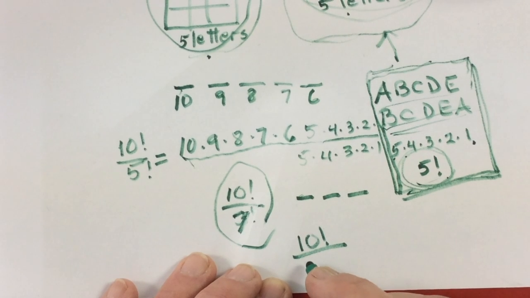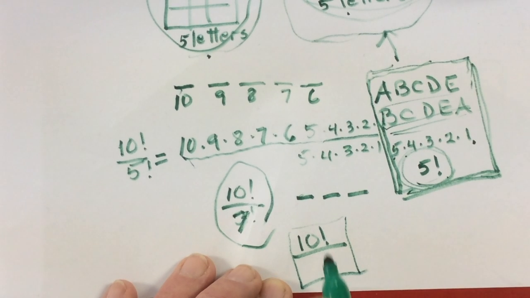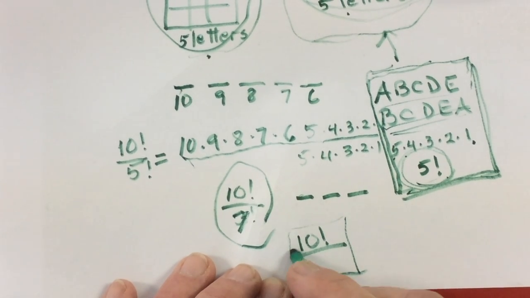Okay. Can you generalize what it is you're saying so that we don't have to every time count on our fingers? Yeah. Subtracting the number from 10. Okay.